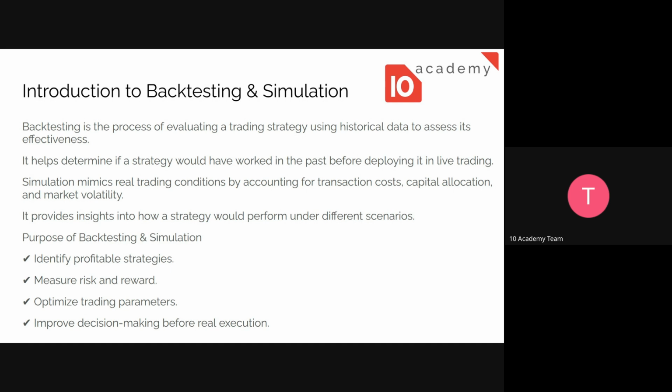In backtesting, there is an assumption that past historical data will have an important impact on what comes next.